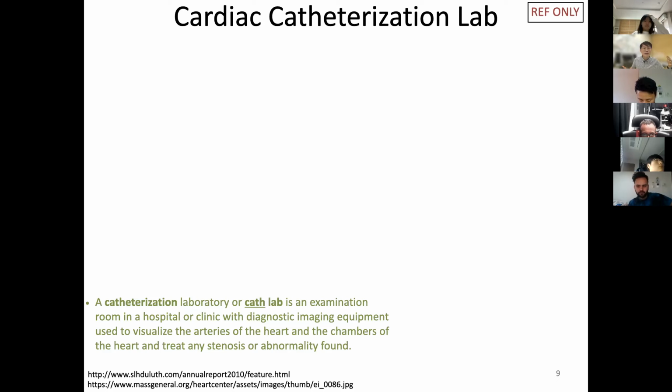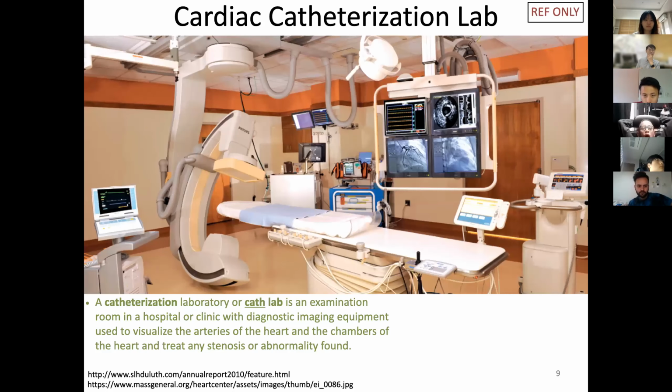Our body is almost transparent to X-ray except for the bones, so you do need a contrast agent for X-ray, given through this catheter by injection. So let me show what a modern cardiac cath lab looks like.